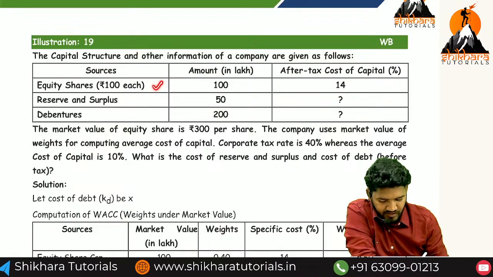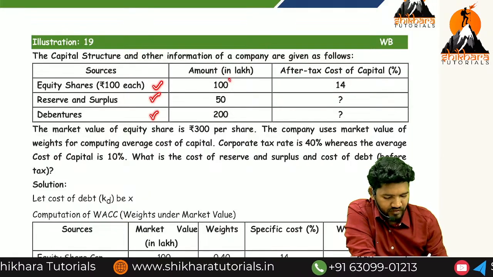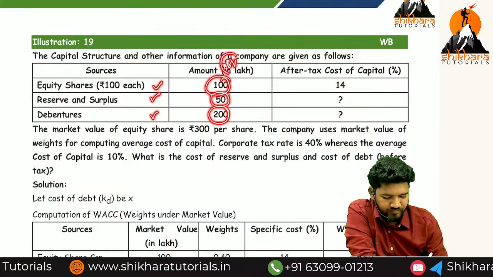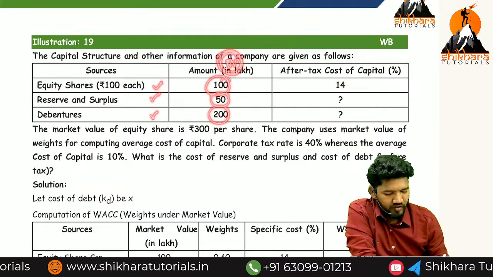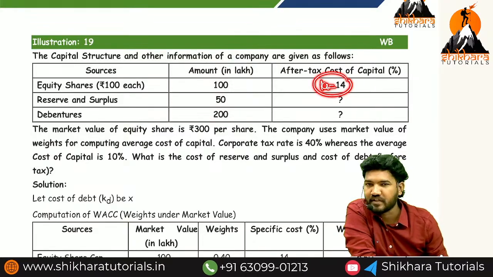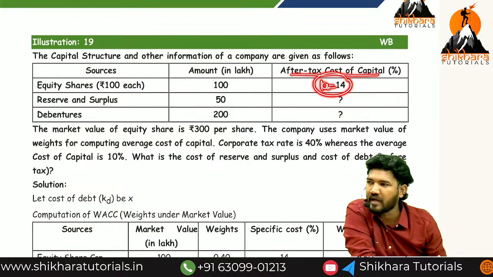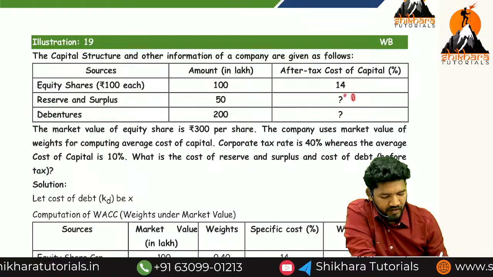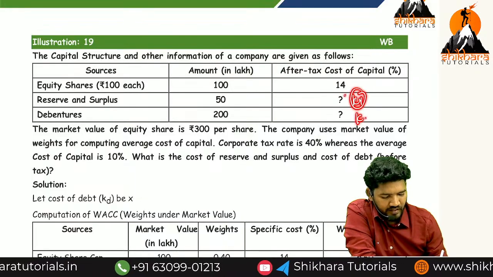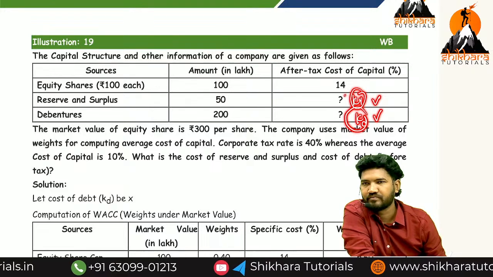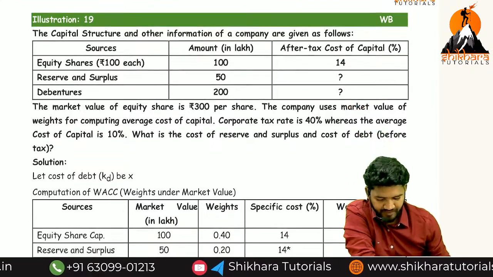Equity shares, reserves and surpluses, debentures: 100 lakh, 50 lakh, 200 lakh. Can I call this book value? Okay, then fine. KE is already given in the question directly, 14%. See, these are after-tax costs of capital. Now they have not provided KR and they have not provided KD. We have to figure out these two missing figures. Are you clear? Okay, then fine.